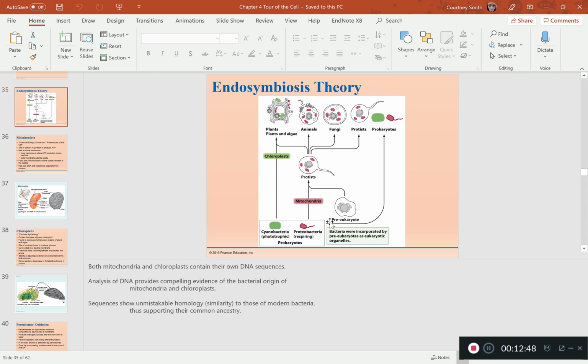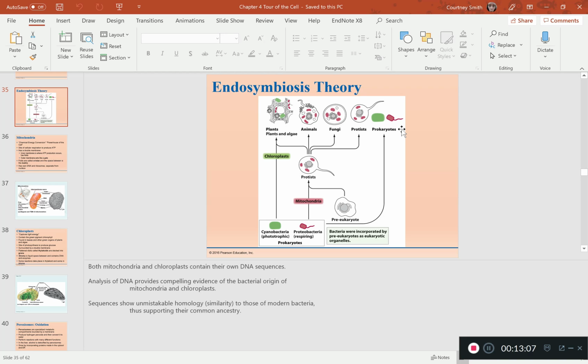But then somewhere down the line, this pre-eukaryotic cell came along its path of either a mitochondria or a chloroplast, and then it took it up, started utilizing it, and then it slowly diverged into the following.